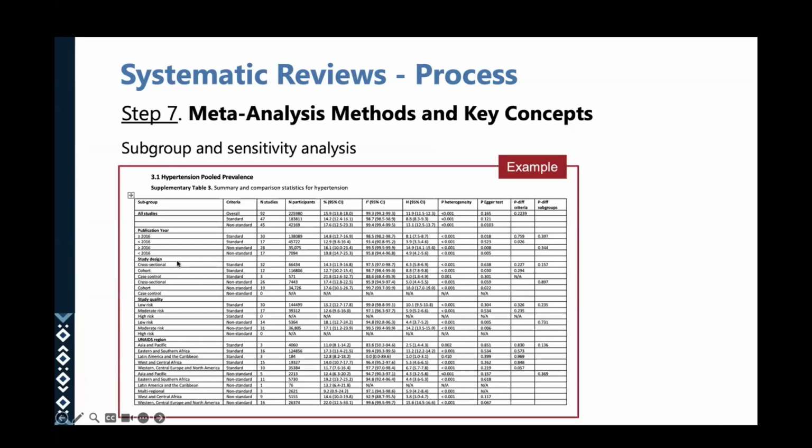This is a more tabular form of the data. You can see that we have an overall estimate for all the studies, but we also have an estimate by criteria: studies that use standard criteria for hypertension versus those that did not. You can see their own pooled prevalences, and their heterogeneity level.